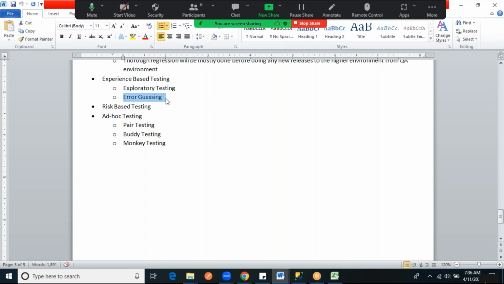The similar error guessing: whatever issues you faced when you were testing the same sort of application, all those error cases you will try to reproduce here also. To test that, you need to have test cases, right? So whatever errors you faced, whatever defects you identified at the time, all those defect cases you will identify and write test cases for here, so that you can cover them in the current application.